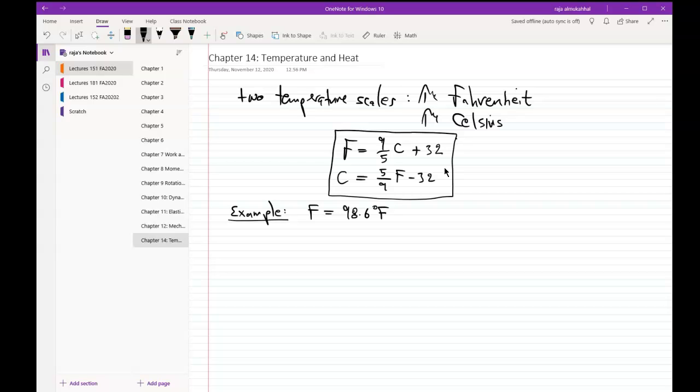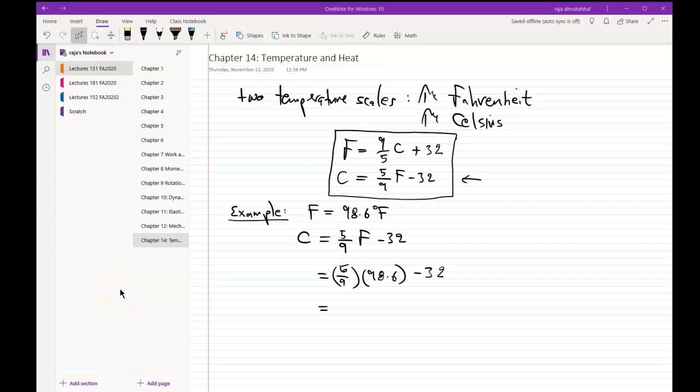So I have the Fahrenheit. I need to convert to Celsius. So in this case, I'm going to be using the second equation, C equal to 5/9 times (F minus 32). All you need to do is just substitute it. So it's going to be 5/9 times the Fahrenheit, which is 98.6, minus 32. And then we would just calculate that.